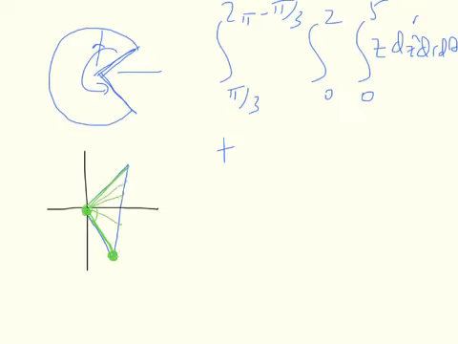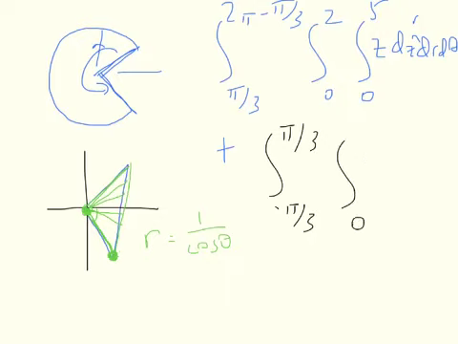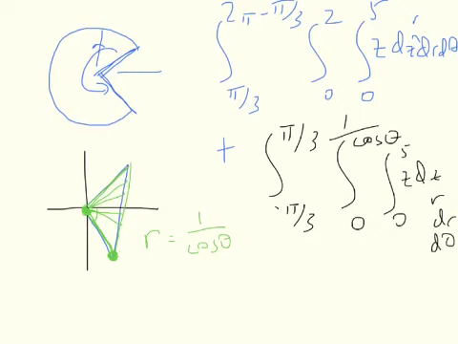The place it's stopping is a function of theta, because this line is r equals 1 over cosine theta. So this second set of integrals is from negative pi over 3 to pi over 3 of the integral from 0 to 1 over cosine theta of the integral from 0 to 5 of z dz r dr d theta.